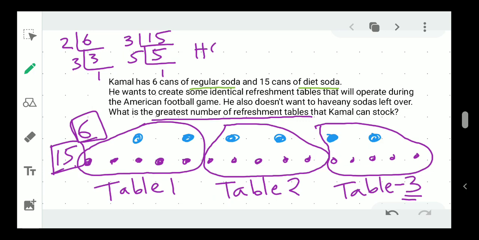So our HCF, you can see, is nothing but 3 only, because 3 is common. So 3 into 1, that is 3. So our HCF is 3, and that is the case. So Kamal can stock 3 tables.